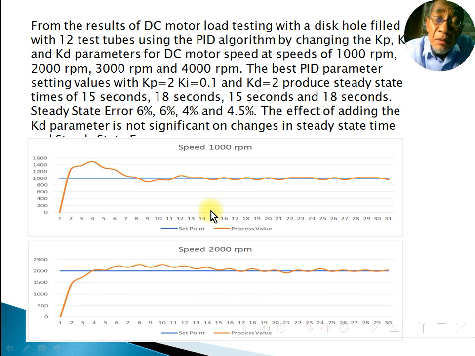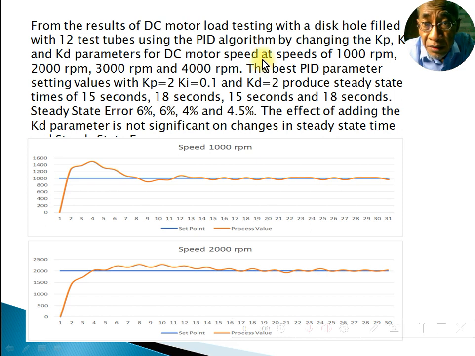This is the result of the DC motor load testing, with a DC motor loaded with about 12 test tubes, using the PID algorithm by changing the Kp, Ki, and Kd parameters for DC motor speed.